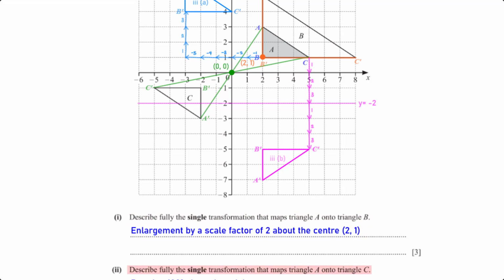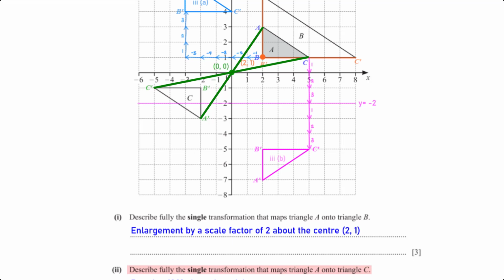Describe fully the single transformation that maps triangle A onto triangle C. When we look at triangle A and its image triangle C, we can tell straight away that this is a 180-degree rotation. So now we need to identify the center of rotation. For a 180-degree rotation, the way to determine the center of rotation is this.